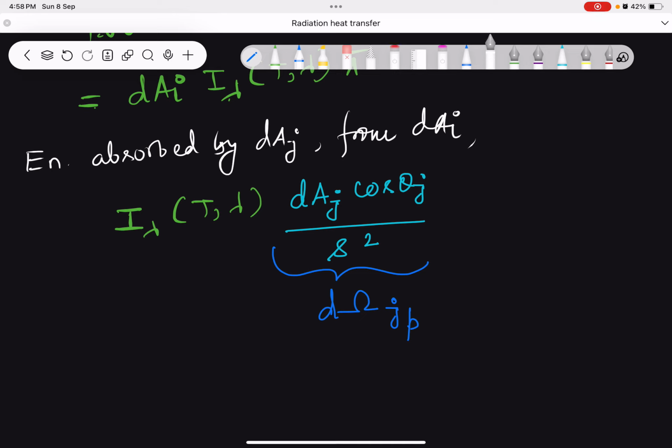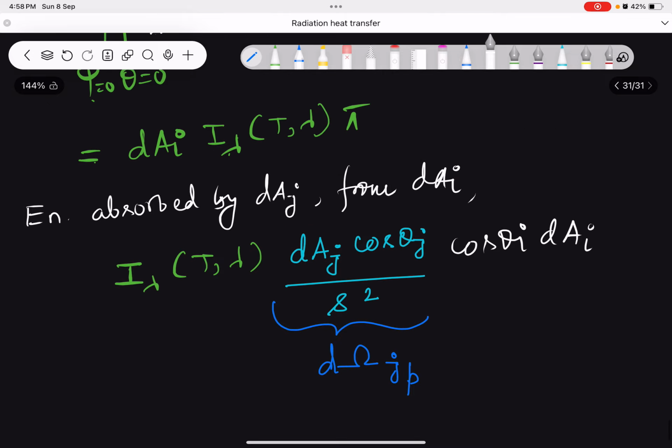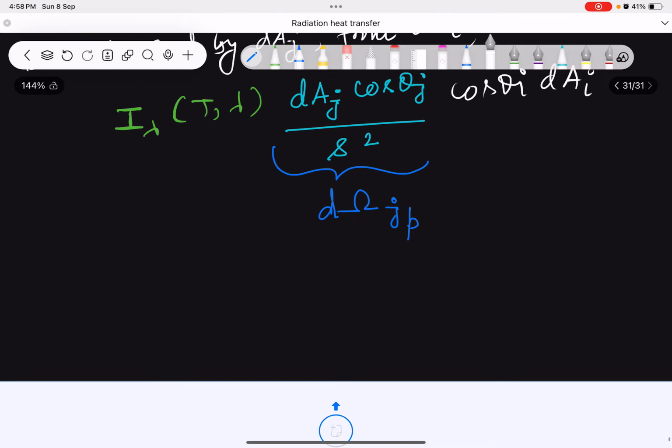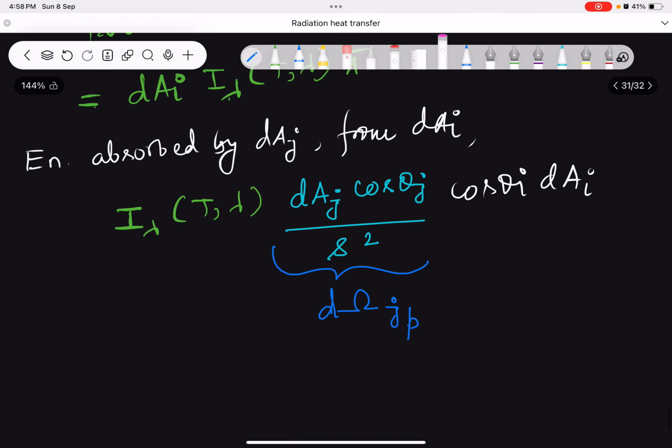So that will be cos theta i into dAi. Clear? So this is the part. Now let us again see step by step for this one.